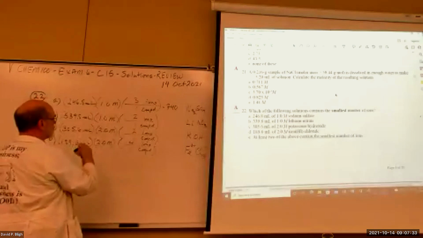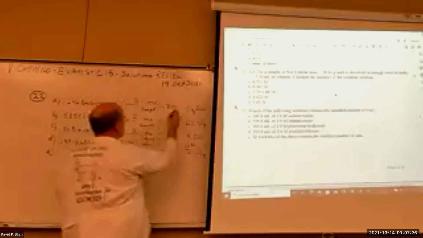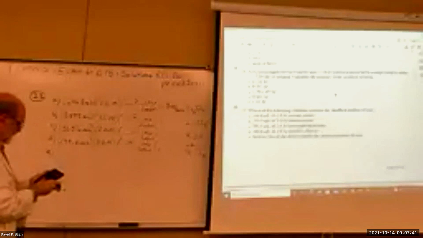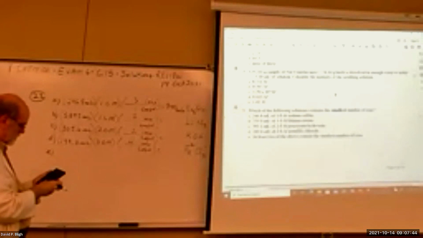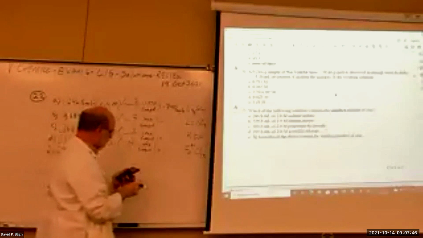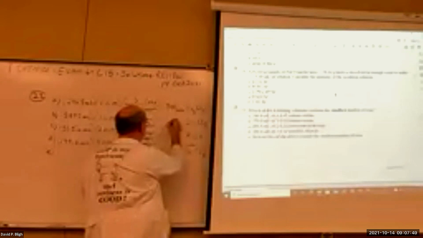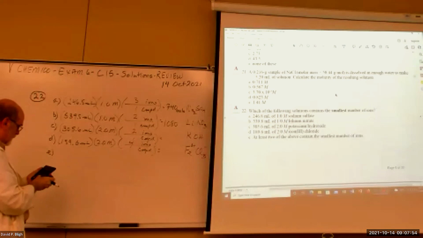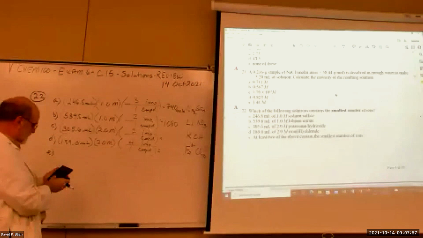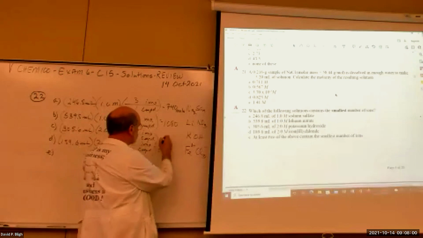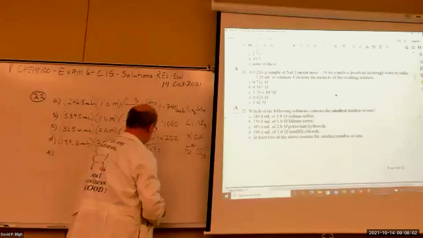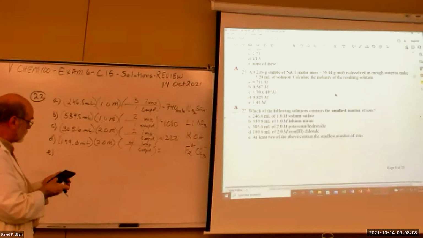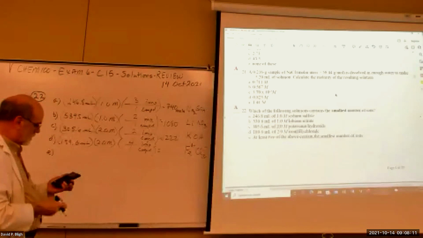Yep. 740 moles. All right. 539.8 times 1 times 2 is 1,080. 305.6 times 2 times 2 is 1222. Okay, and the last one, 189.6 times 2 times 4 is 1517.